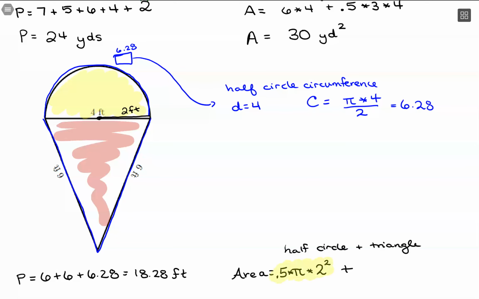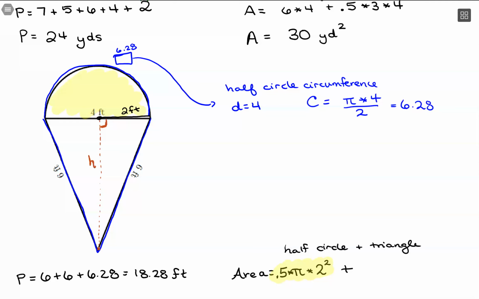Then for our triangle, in terms of base, we have 4 feet. Height is unknown. So if I just map out height, I'm going to start at this vertex here, and then as best as I can for a sketch, just drop down that perpendicular. So that has a height that I don't know what it is yet.